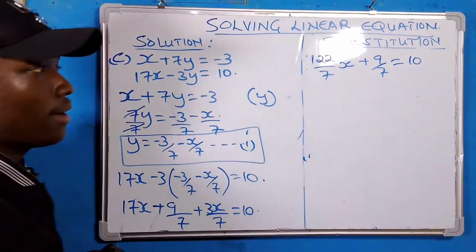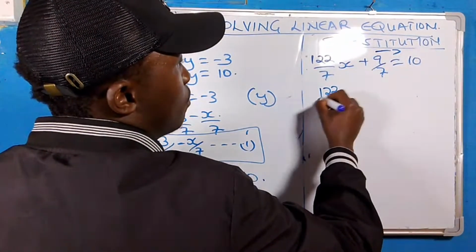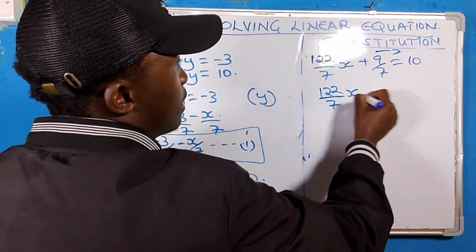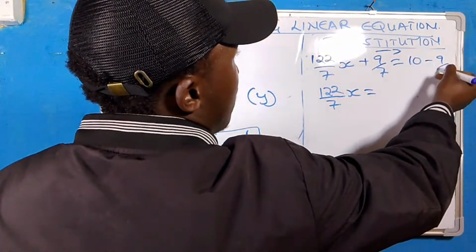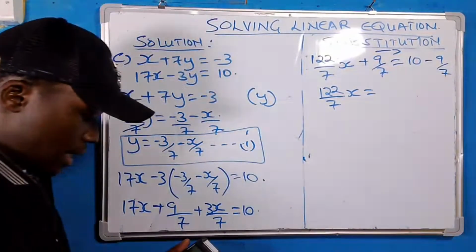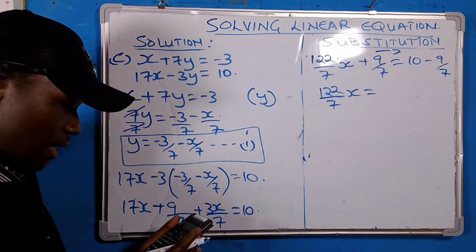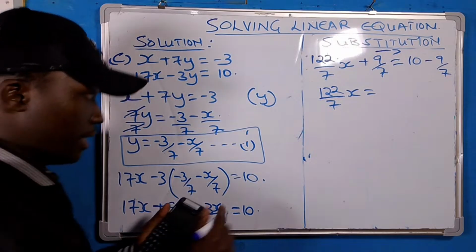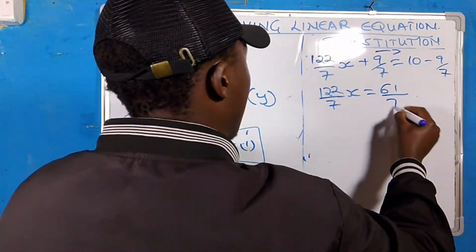So we will take this to the other side and have 122 over 7x is equal to 10 minus 9 over 7. So 10 minus 9 over 7 will give us 61 over 7.